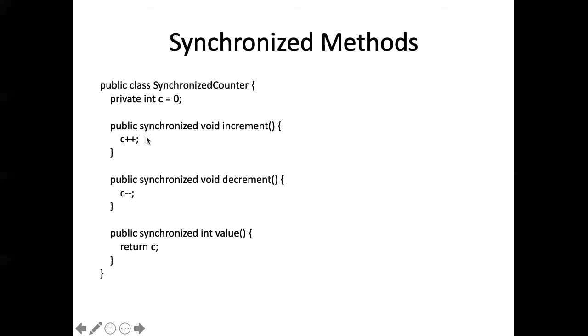So there's a question in chat that asks, what happens if you call a non-synchronized method from a synchronized one? From a synchronized one is fine because you still have the lock.